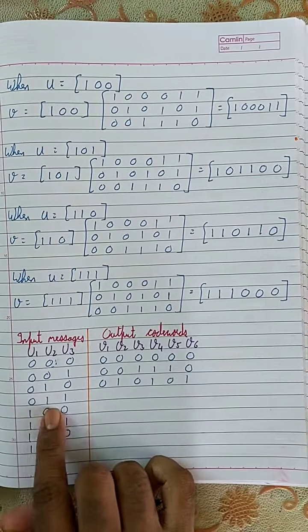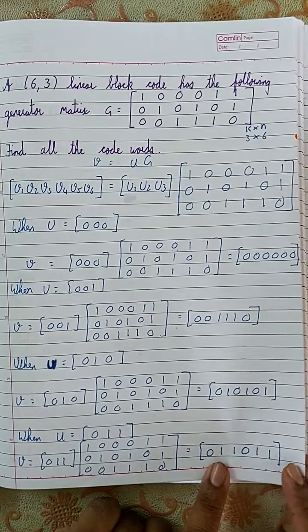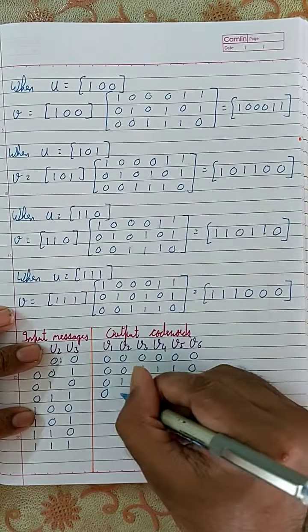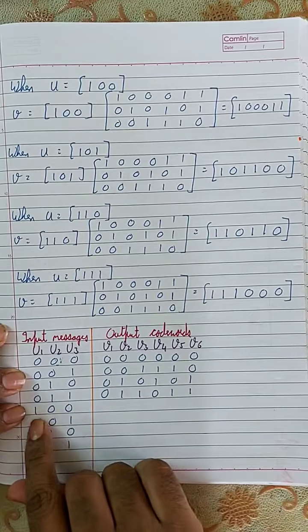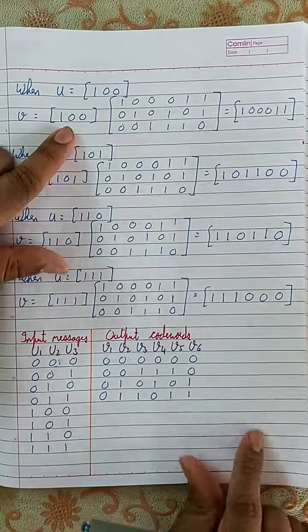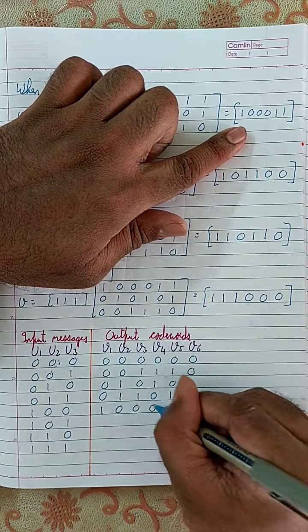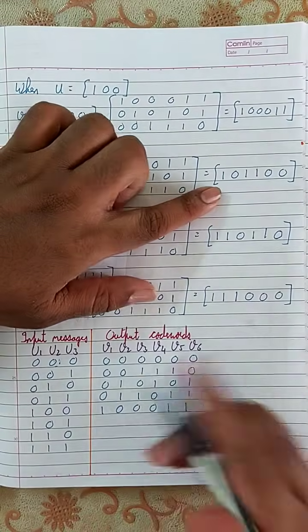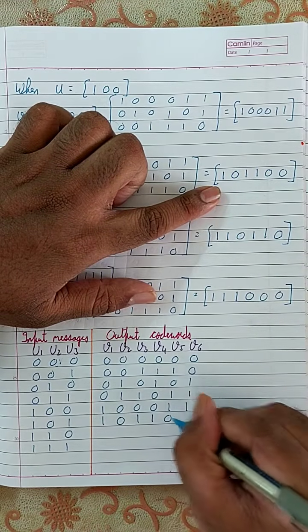When the input message is 0 1 1, then the output code word is 0 1 1 0 1 1. When the input message is 1 0 0, then the output code word is 1 0 0 0 1 1. When the input message is 1 0 1, then the output code word is 1 0 1 1 0 0.